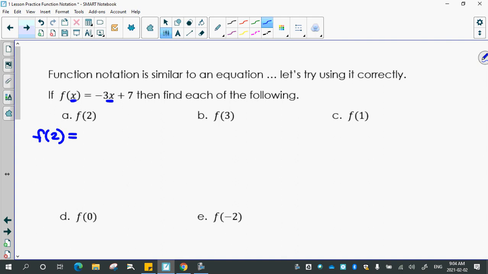So f at 2 is going to be negative 3, using brackets for the 2, plus 7. So f at 2 equals negative 6 plus 7, which is 1.